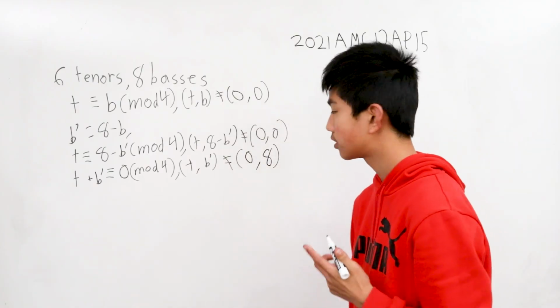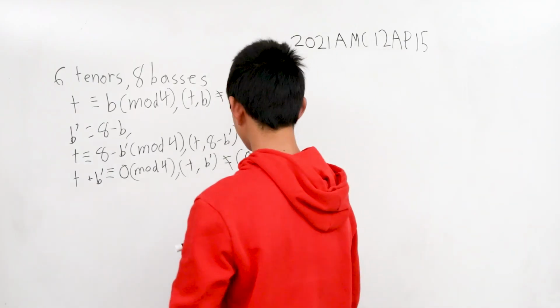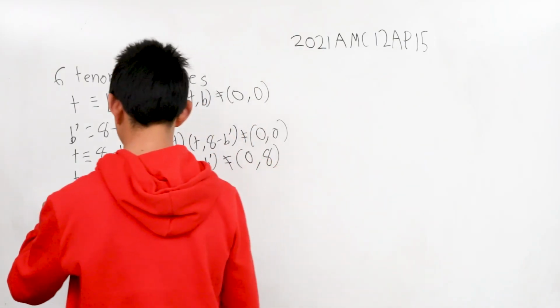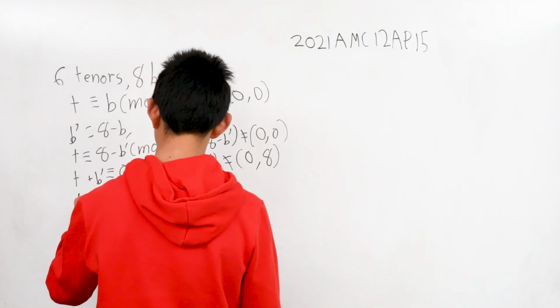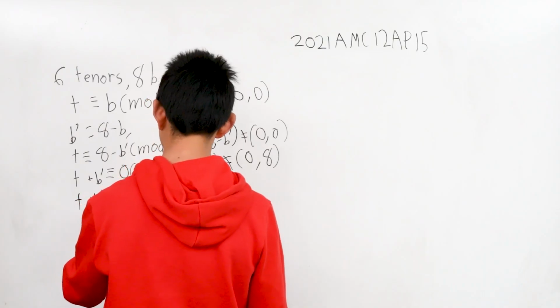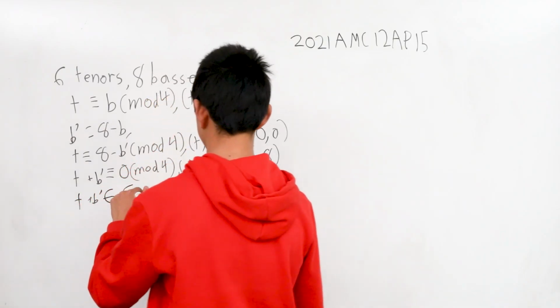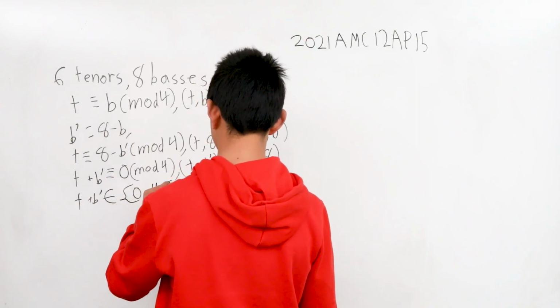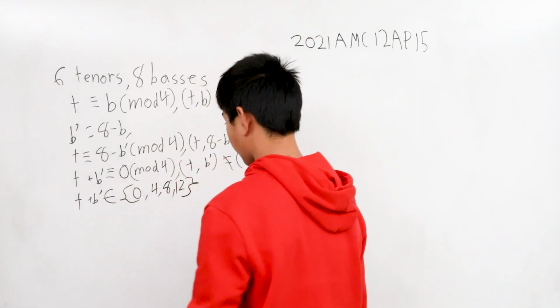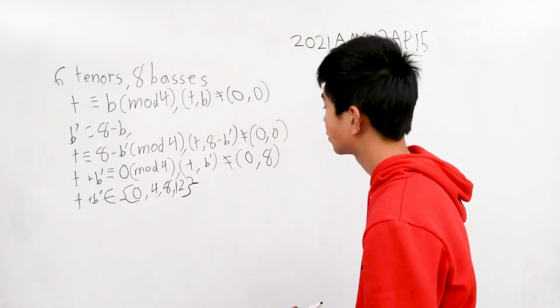Now let's consider if we have the sum of T and B prime basses. They can have 0, 4, 8, or 12 people, correct? Or in this case, the difference.